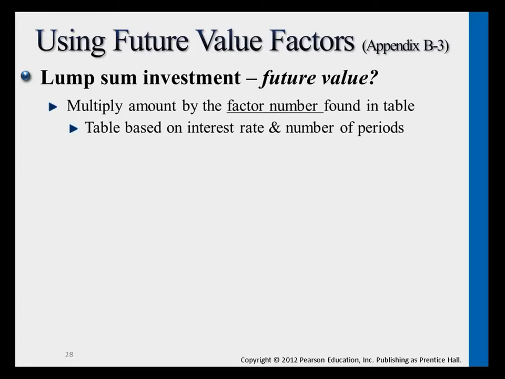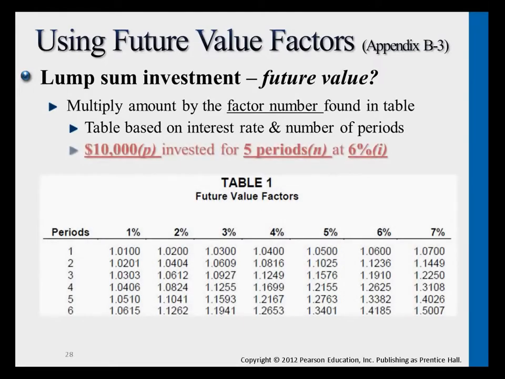We'll multiply the amount by the factor number. There is this factor number that represents the relationship between the periods, either quarters, years, months, whatever that is, and a percent. Let me explain how to use this. The table is based on interest rate and number of periods. Let's invest $10,000.